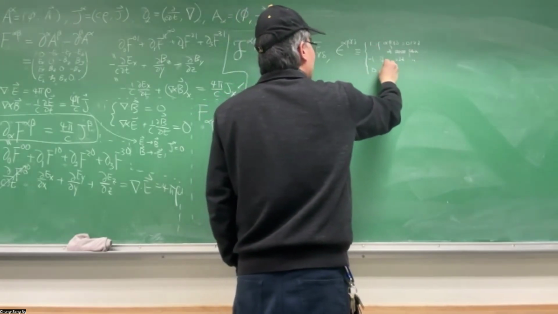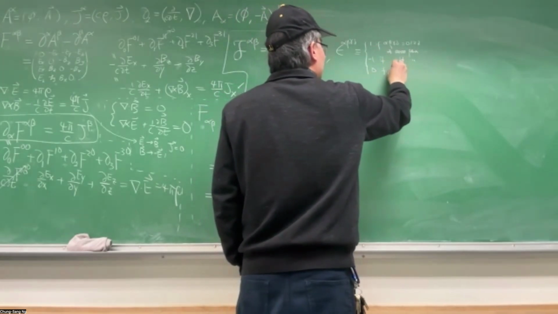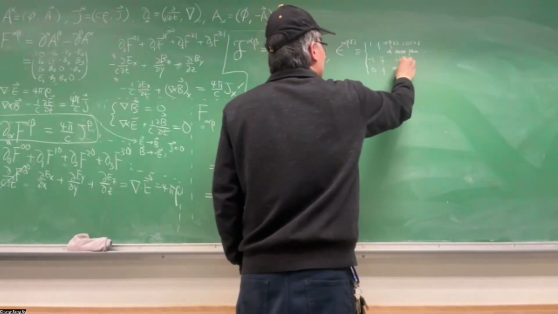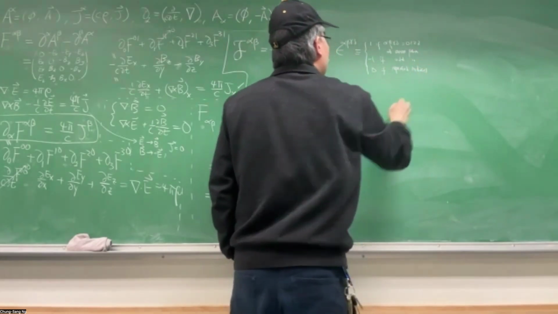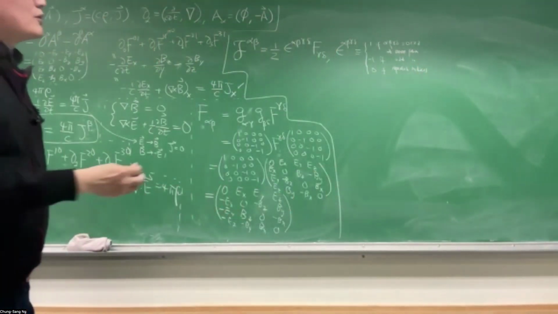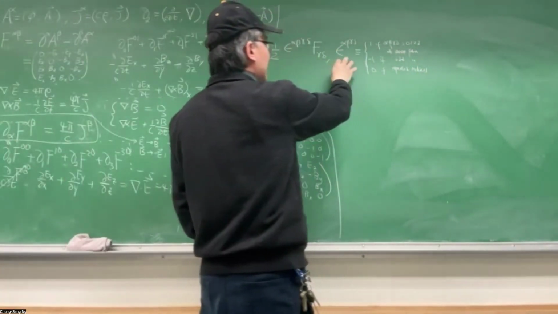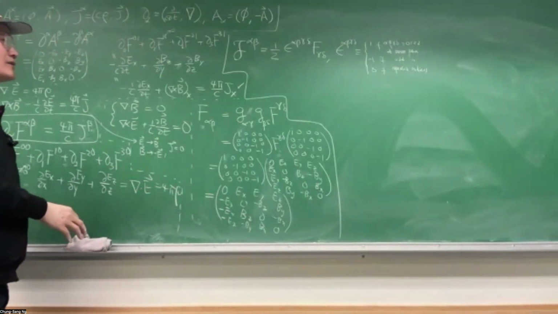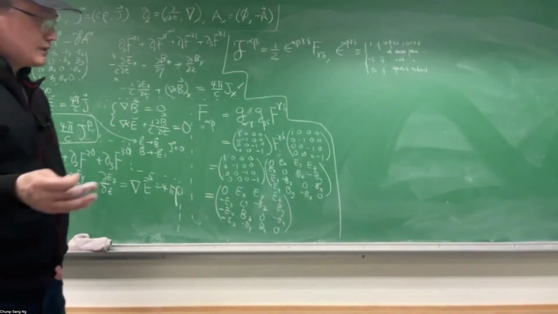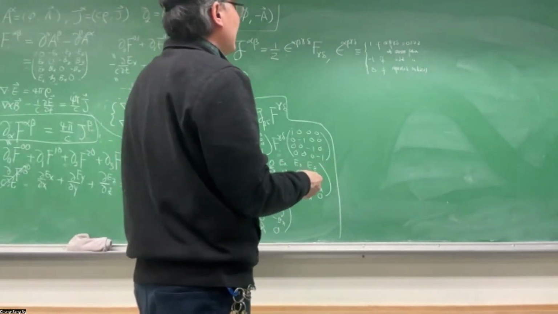It's 0 if you have repeated indices. If any 2 of them are the same, then it's 0. This is the same rule as the 3-dimensional epsilon.